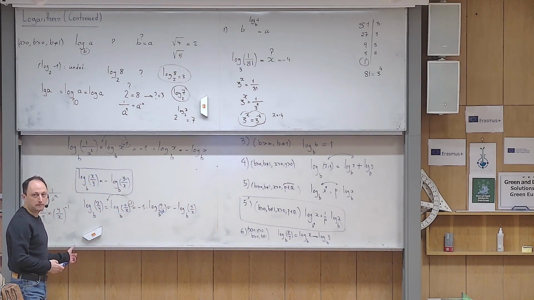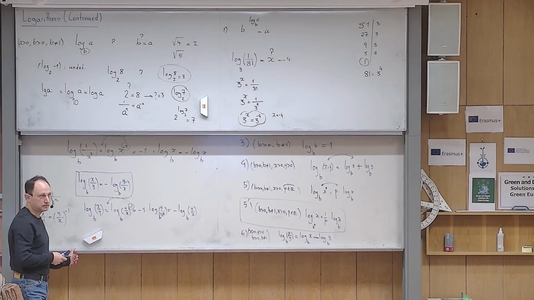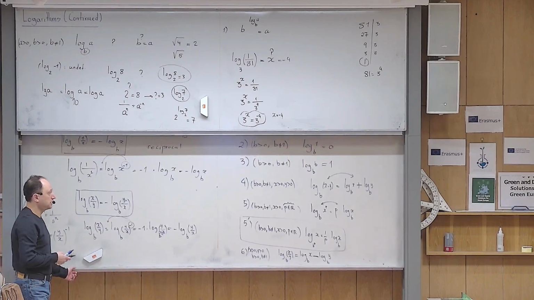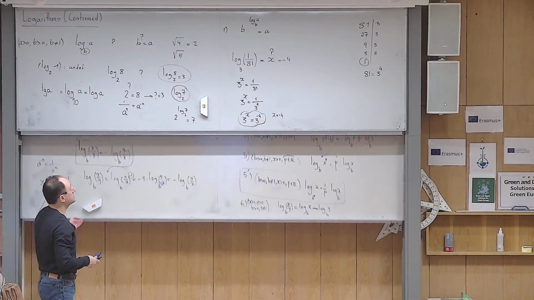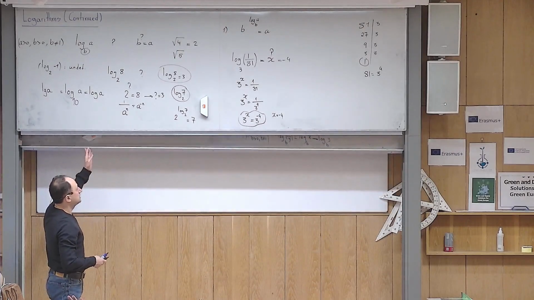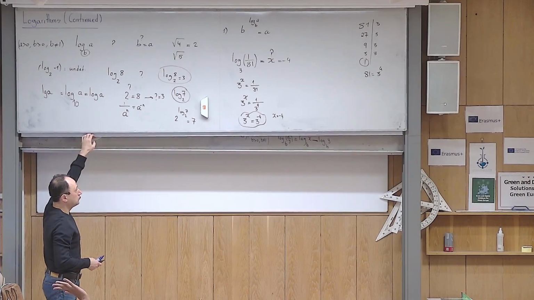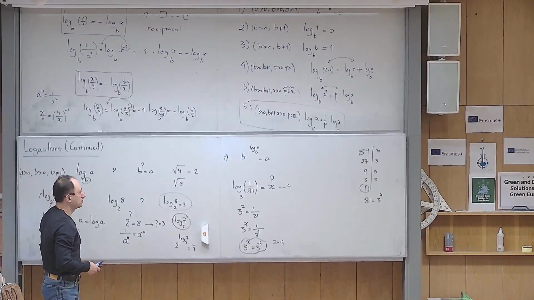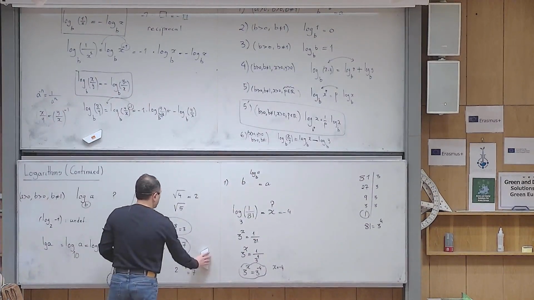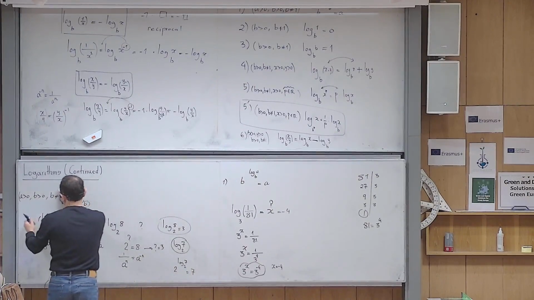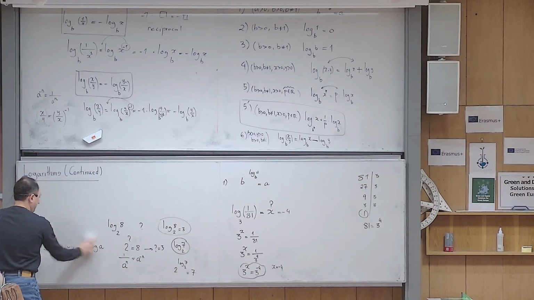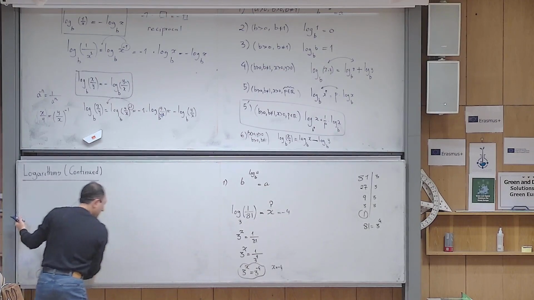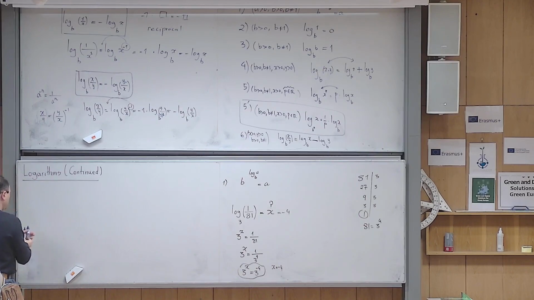Can you tell me why? This shouldn't be hard for you now. Okay, I will let you think as I am cleaning the board. Tell me why the log of a division is the subtraction of the corresponding logs. Yes? So let me write it here in front of you.